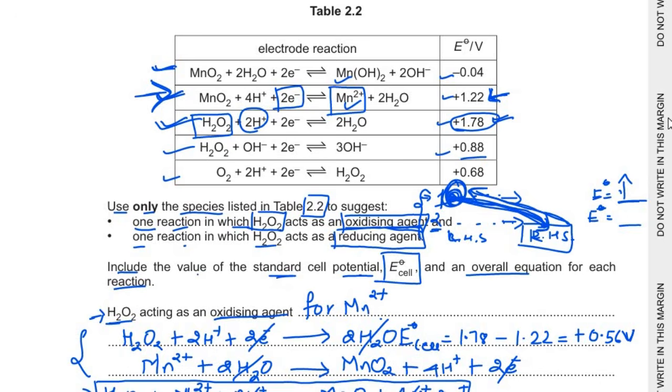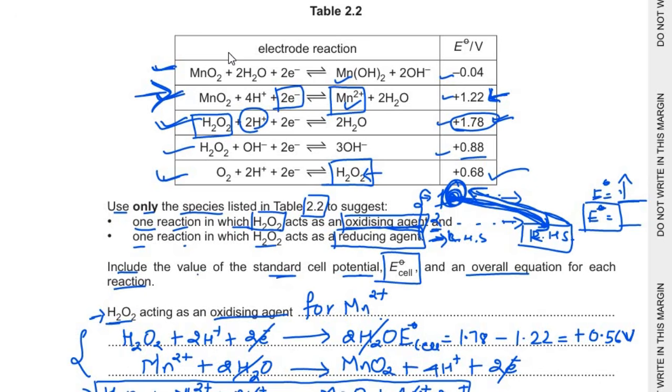Now if we want hydrogen peroxide as a reducing agent, then it has to be in the second equation with a lower electrode potential value. So in that case, we choose this equation for hydrogen peroxide, where it has got the lowest value and the hydrogen peroxide is on the right hand side of the equation.